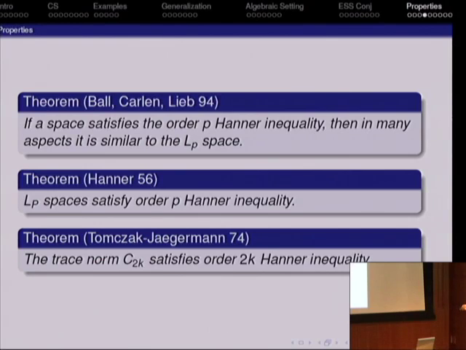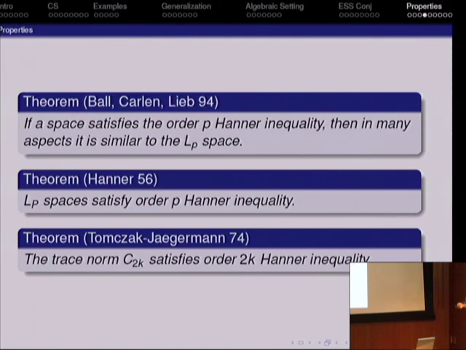Okay, so one other thing is that in this paper of Ball, Carlen, and Lieb, they kind of went around this Hanner inequality. They proved all the possible consequences that this might give us differently for Schatten norms. So we know the smoothness, convexity, type, cotype with right constants, but not using the Hanner inequality. But if you can prove the Hanner inequality, it gives a neat and short proof for this.